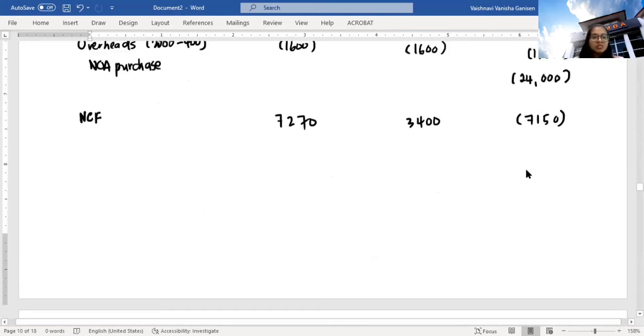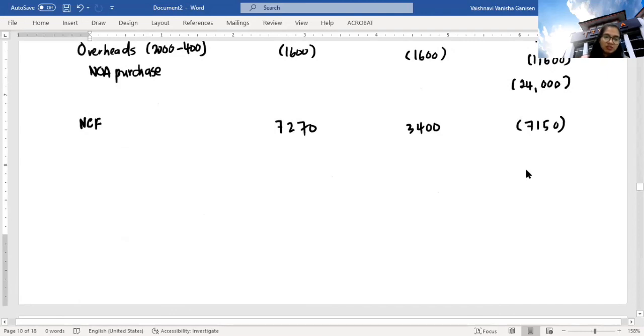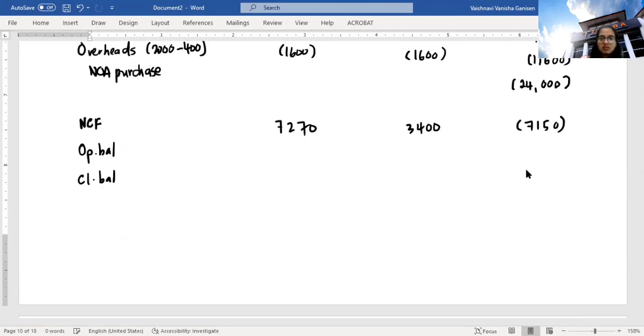Now, no interest payment, so I don't need to do anything about interest. So you just put opening balance, closing balance. In year one, it was negative 4,550. Where you get it is from the question requirement. 7,270 minus 4,550 is 2,720. Closing balance of year one will be opening balance of year two.